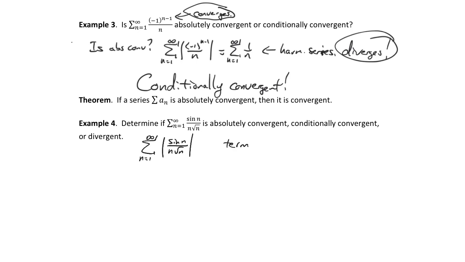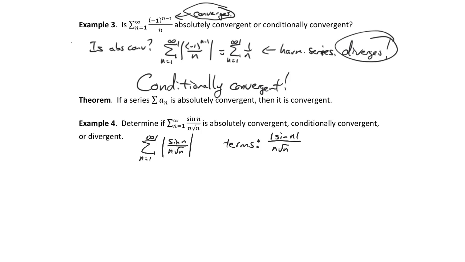And the reason I'm just looking at the terms themselves, you'll see in a moment. The only way this could be negative is if the sine of n is a negative number. Okay, so I'm going to put the absolute values around the sine of n.